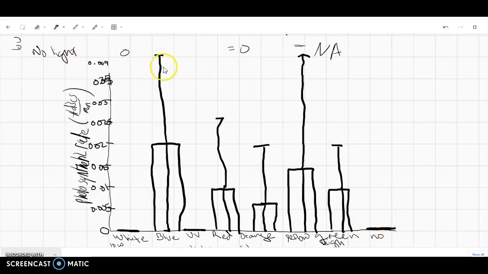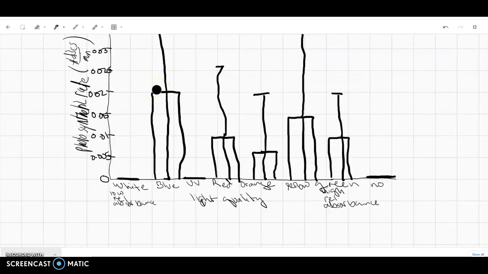Alright, so that's our figure, and then one last thing that we need to add is our figure description. And for your figure description, you want to describe what's in there.